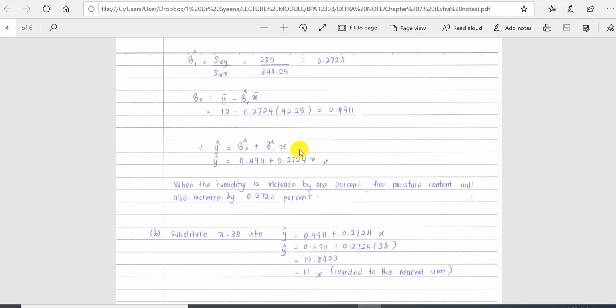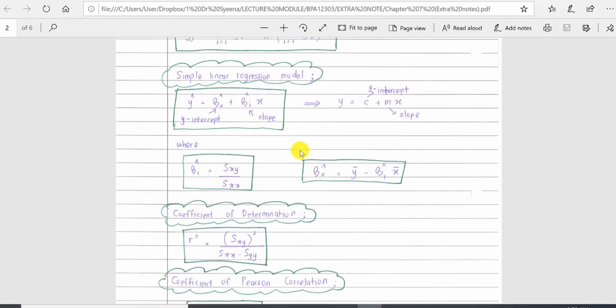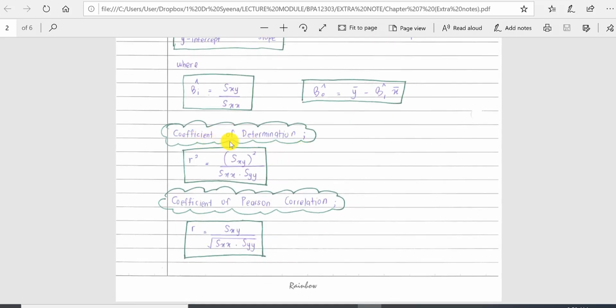Now in this topic, we also learn on the coefficient of determination, which is equal to r square, and also the coefficient of Pearson correlation, which is denoted as r. So the formula to get the r square is equal to Sxy square.